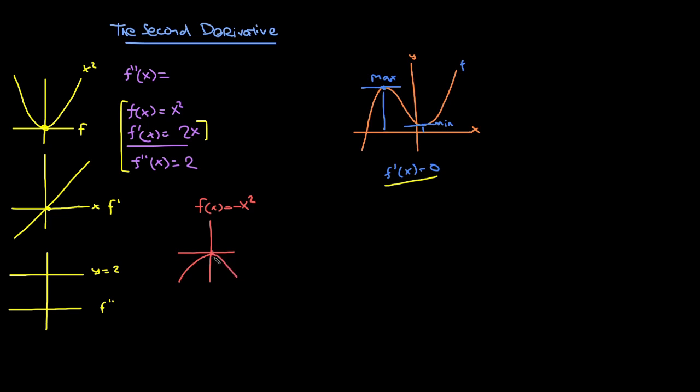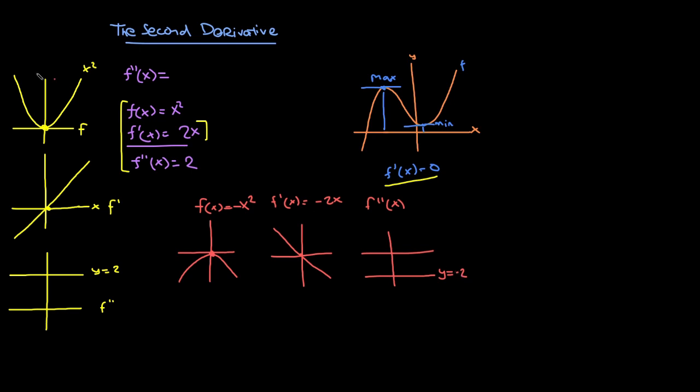So it's going to have a maximum right there, and then the derivative will be negative 2x. That's sloping down like that, again crossing the x-axis where the original graph has a maximum, and then the second derivative will be an all negative horizontal line, negative 2.